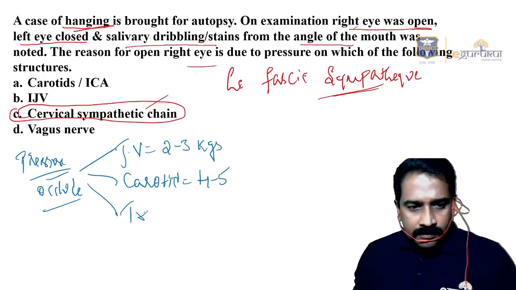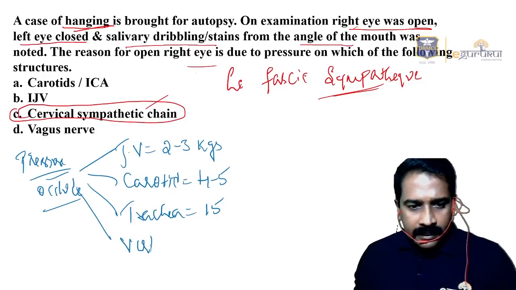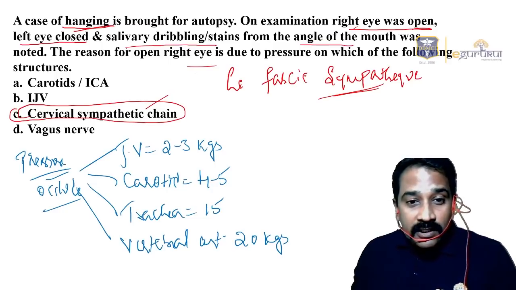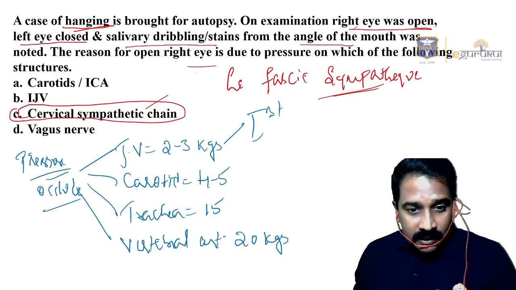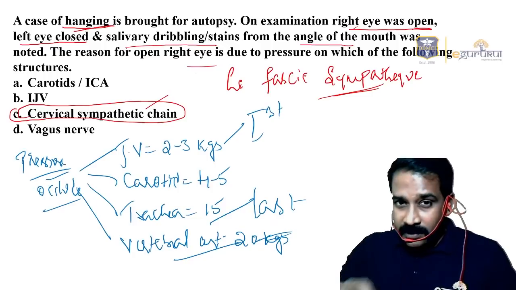Then trachea, 15 kgs, and vertebral artery, 20 kgs. So the important question is the first structure to get occluded. The jugular vein is the first structure to get occluded, and the vertebral artery is the last structure to get occluded. It's a repeated question for you.